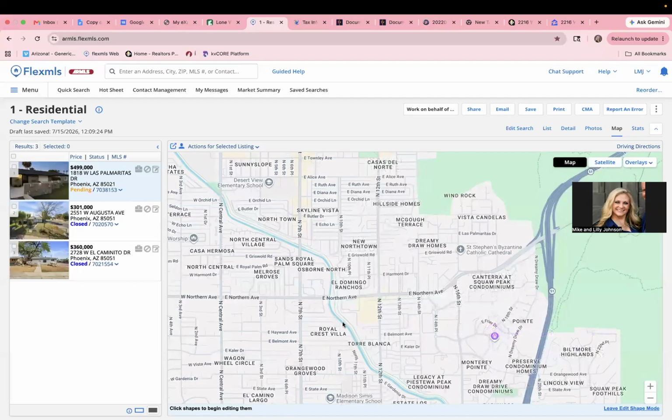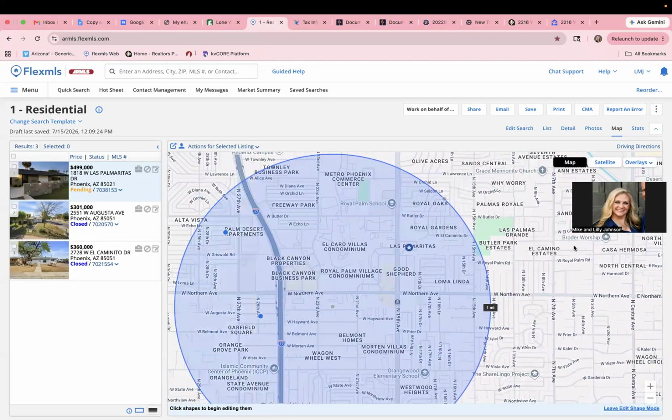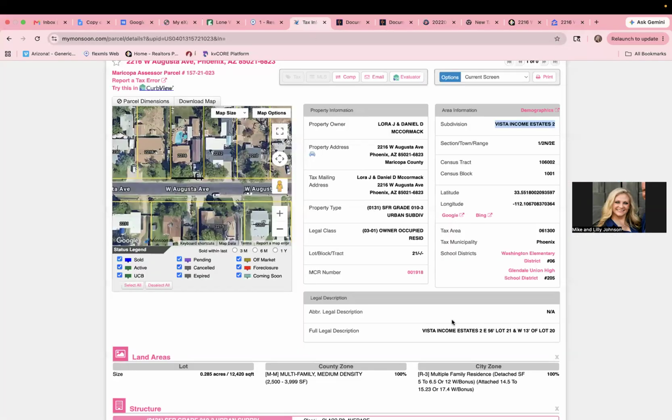Zoom in. Detached garage on the side of the house. Oh, okay. How many? Oh, maybe I didn't see.